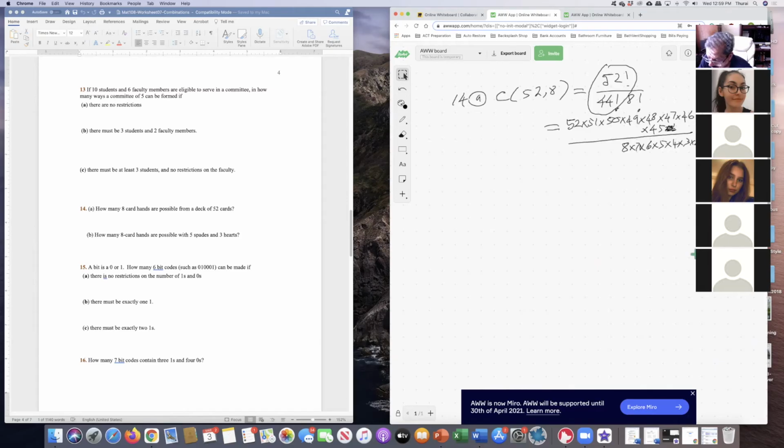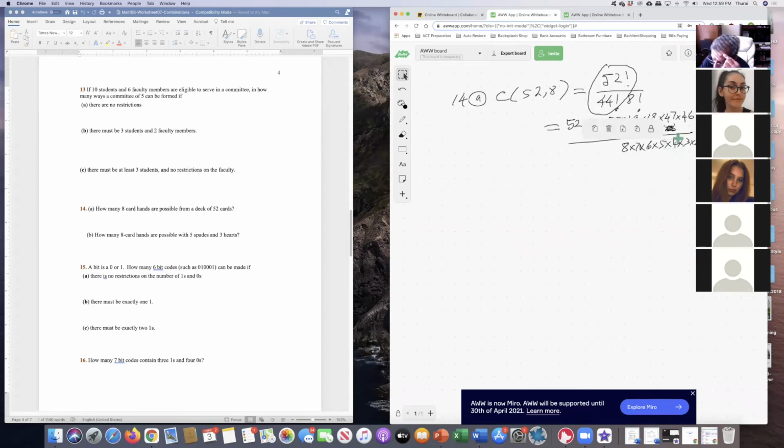And so let's look at common factors. 8 divides 52? No, 8 doesn't divide. So 48. It's going to have to be 13. If you're dividing 52 by 4, it could be 13. 4 divides it into 13, yes. So we can do that.